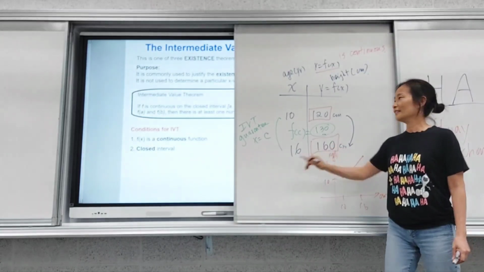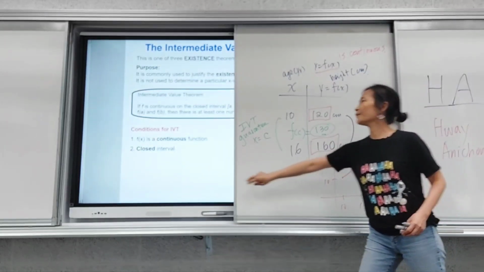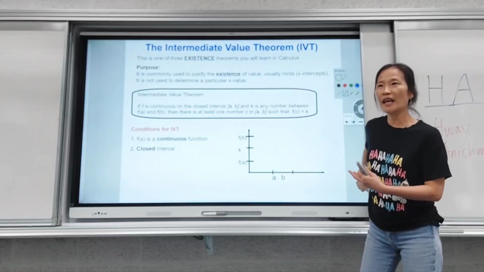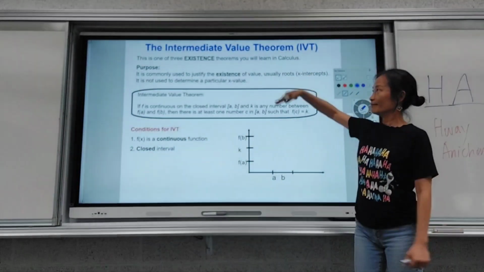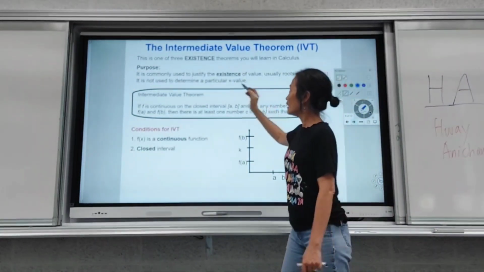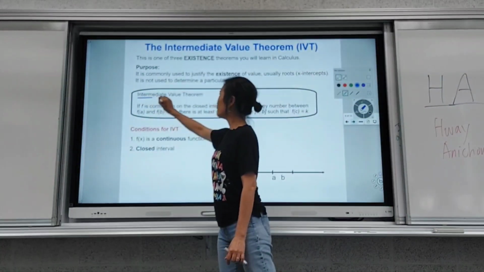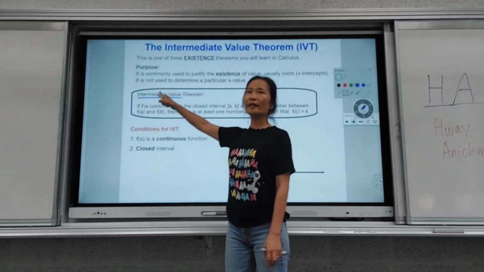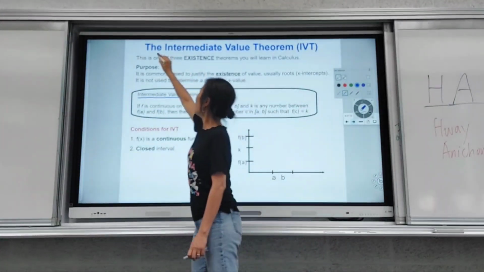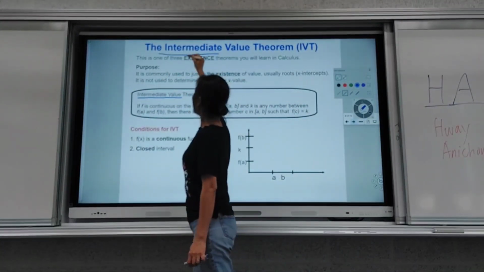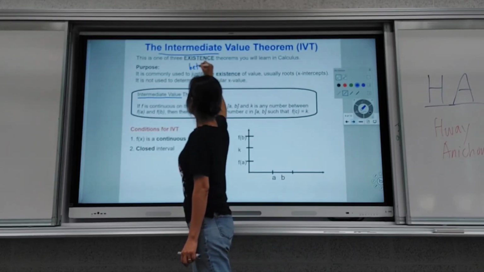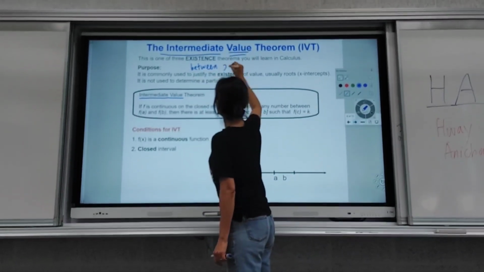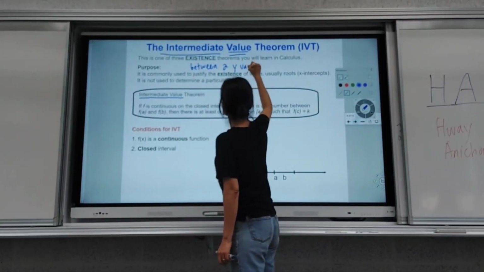Okay? Yes, sure. So now, when we understand the context, let's look at the intermediate value theorem. When we're talking about intermediate value, it means the value that's in between two y values.